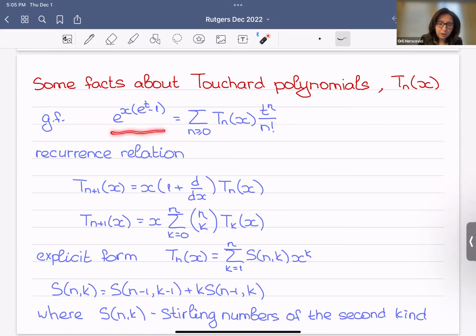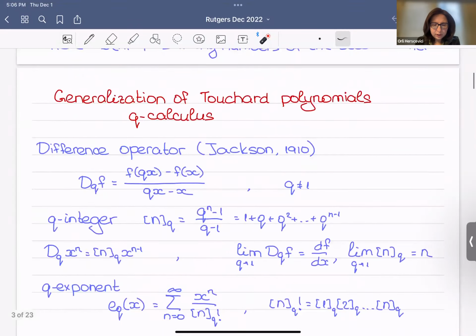For example, we have exponential functions, we have derivative, binomials, we have another relation for Stirling numbers, their recurrence relation. So we can start at any point by using q-calculus, whose definitions we just saw.